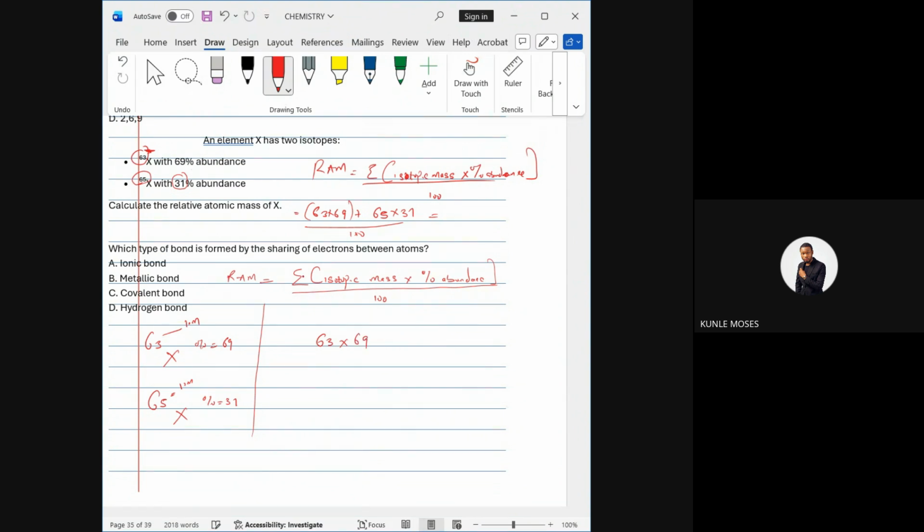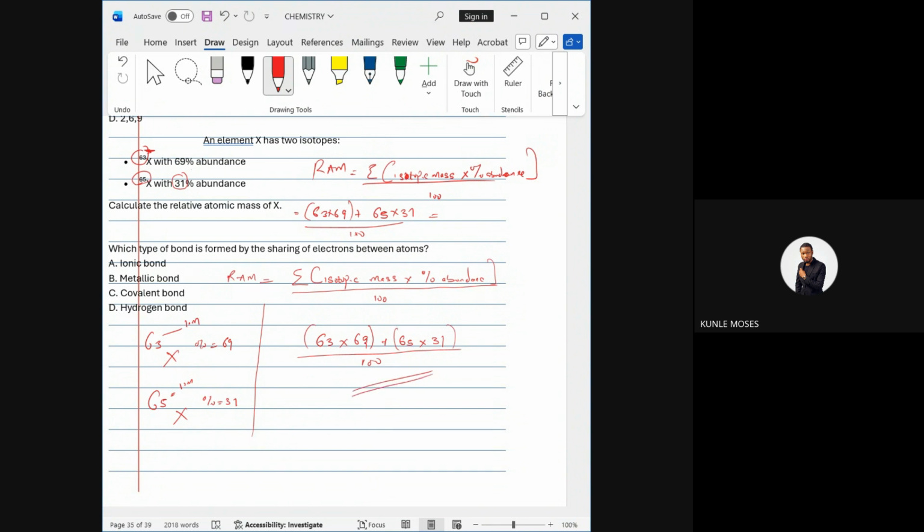Since summation simply means plus, you put this into brackets, plus the second isotopic mass, which is 65, multiplied by its percentage abundance, 31. Everything divided by 100.